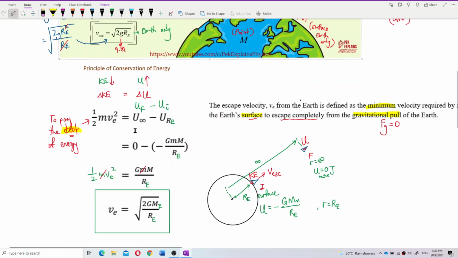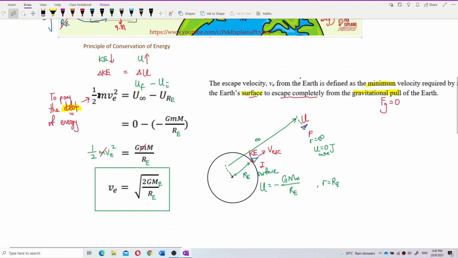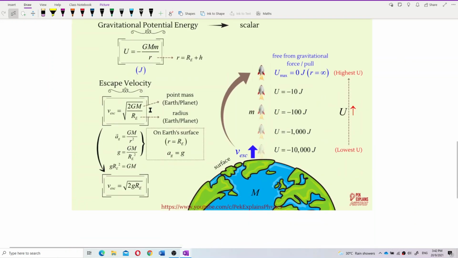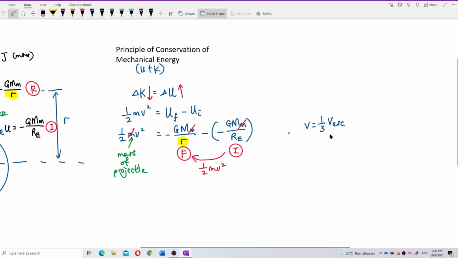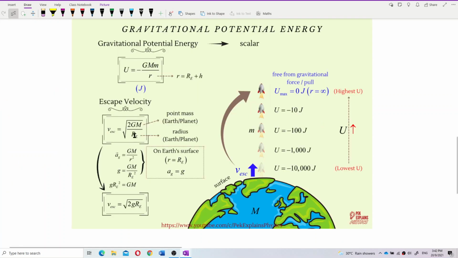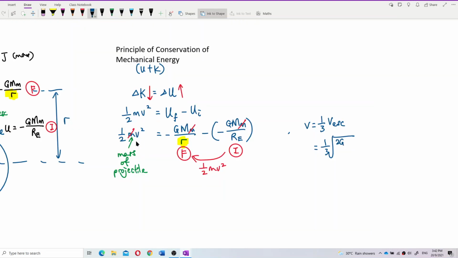This is how we find the escape velocity, and the formula is the square root of 2GM over r, where r is the radius of Earth.